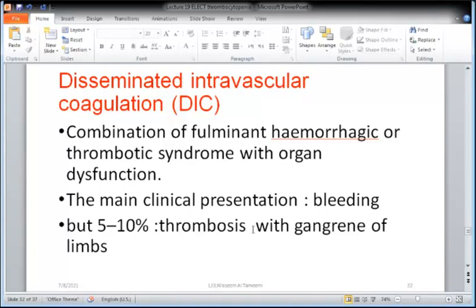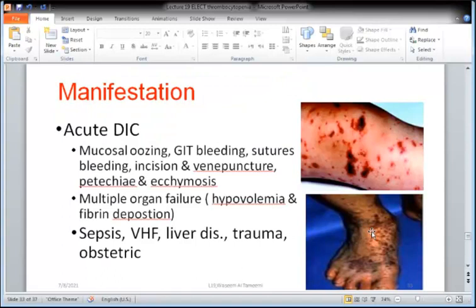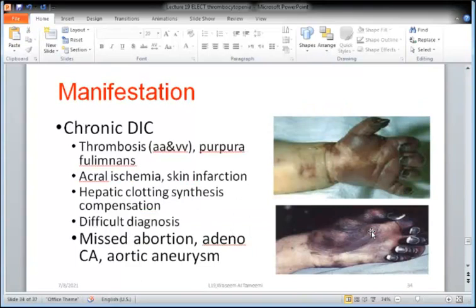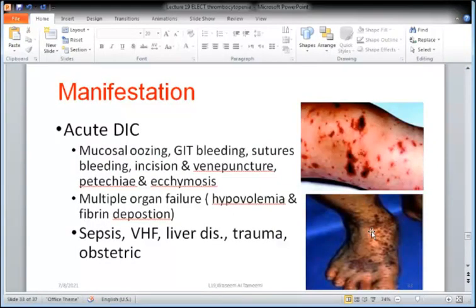Five to ten percent of the cases may present with thrombosis and gangrene of the leg. So we have two forms of DIC: acute DIC that presents with bleeding, and chronic DIC that presents with thrombosis. Acute DIC presents as a bleeding tendency: mucosal bleeding, GIT bleeding, bleeding from the sutures, bleeding from the incisions, bleeding from venipuncture, excessive petechiae and ecchymosis. It is associated with multiple organ failure and hypovolemia due to fibrin deposition within these organs and ischemia of these organs.